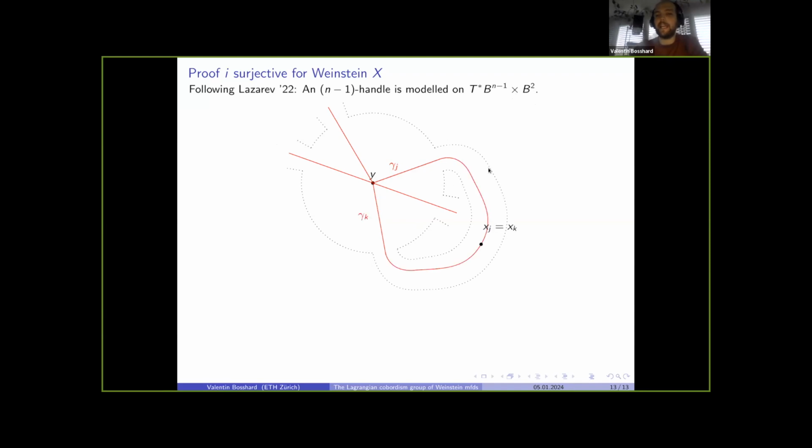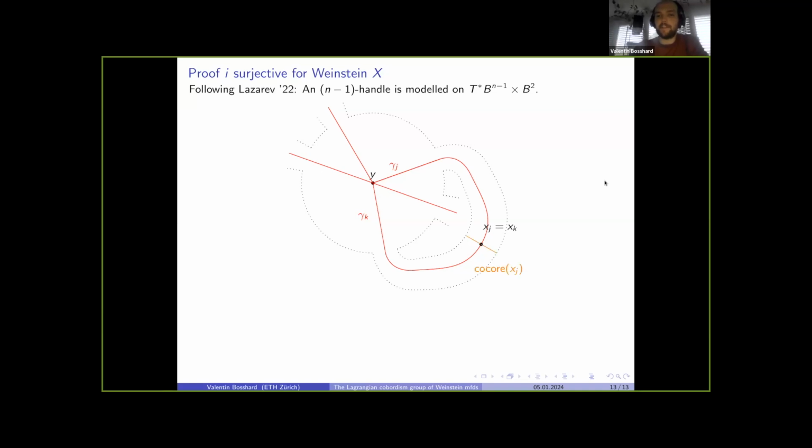So for example, a handle attachment would be that it goes to the critical point xj, and in my case, there are two Morse trajectories going to this critical point. So in my case, this xj is actually equal to xk. Okay, this is the local picture.